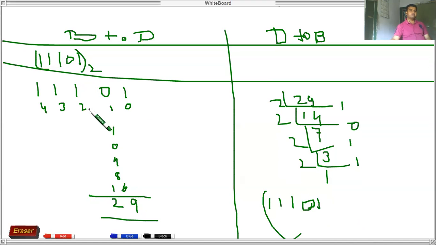So this is your binary to decimal and decimal to binary. Okay. Now, what we will do?